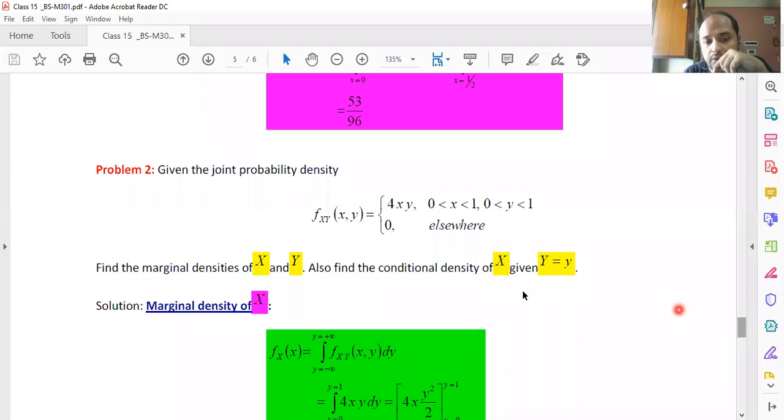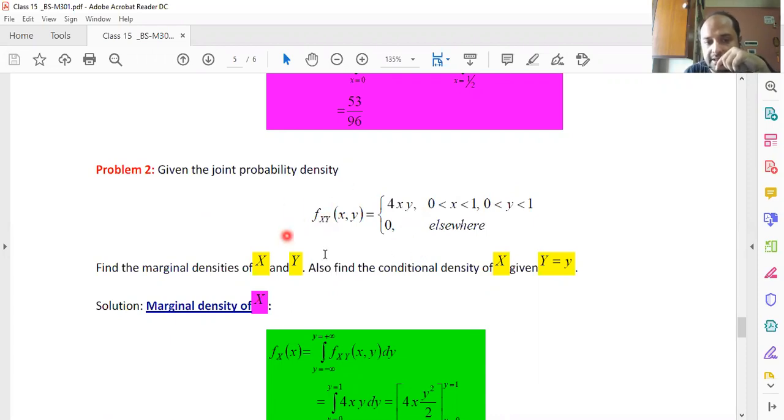In problem number 2, here is a problem where conditional density and marginal densities will both be calculated. Once I make you understand what problem number 2 is saying, I shall go back to problem number 1. Now, you quickly write down the expression in your copy. You don't have to copy the entire question.